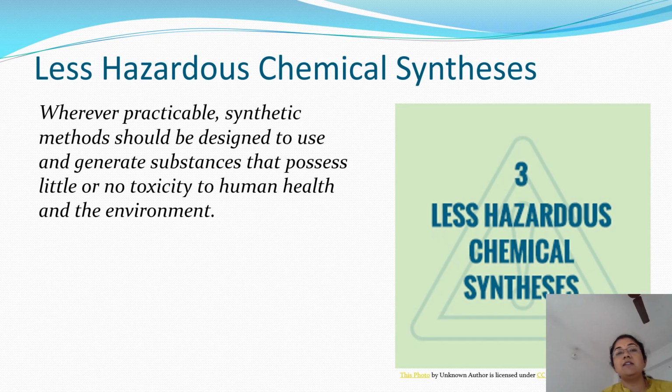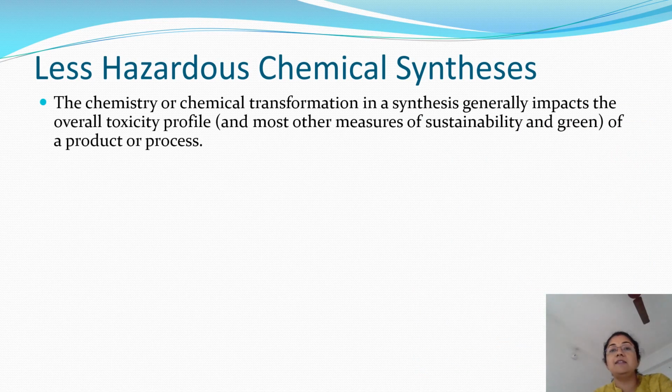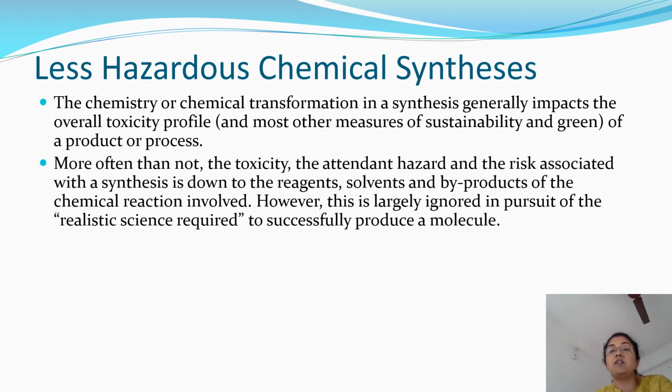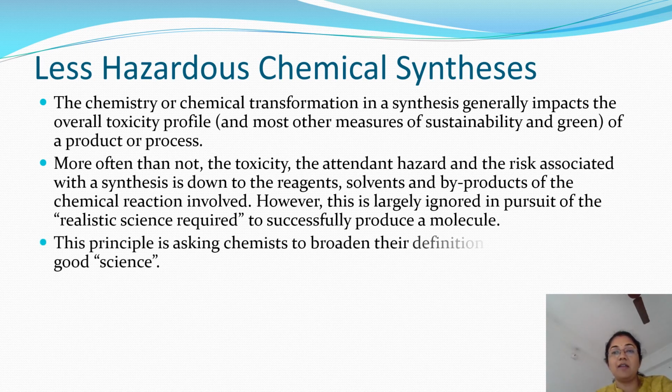Next is less hazardous chemical synthesis. All the synthesis methods which we use should have less toxicity to human health. Less hazardous chemical synthesis means using chemicals which are not very toxic to human beings as well as the environment.